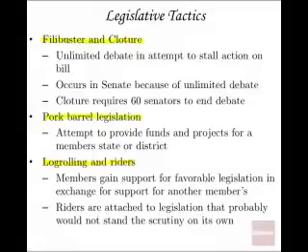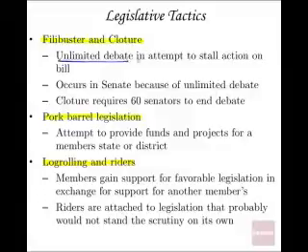Filibuster and cloture is a tactic that some people get frustrated about, but it makes for good party drama. If there's unpopular legislation with one party, yet the majority controls the chamber and wants to pass a bill, then the minority party can filibuster the bill. What does that mean?